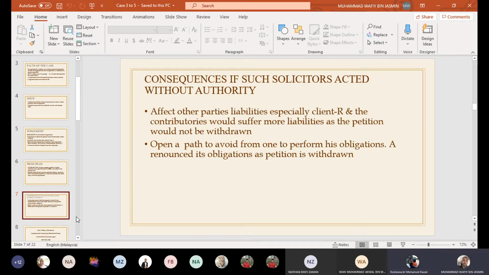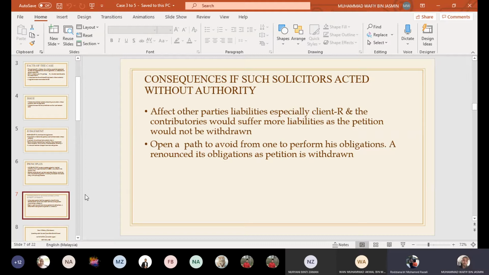Okay, madam. What about the relationship between the counsel and the client? What is the consequence? How does it affect the legal relationship between the counsel and the client?